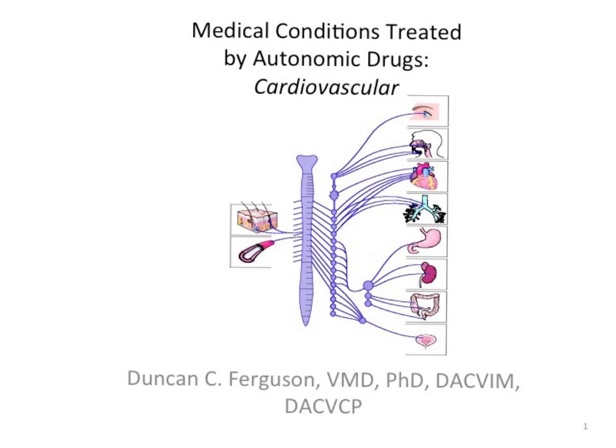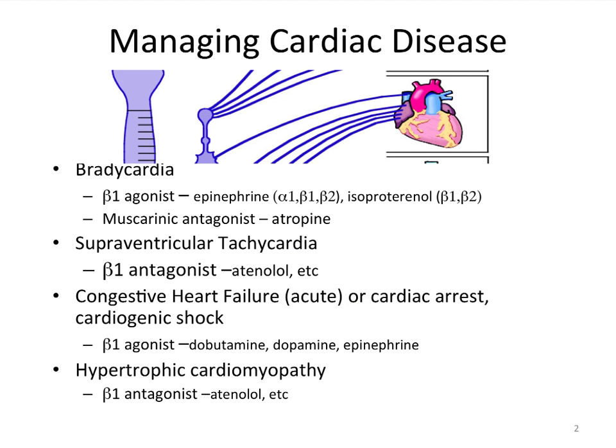In the second unit, we'll be talking about other conditions. Let's start with looking at cardiac disease. I'm listing on the left the conditions and the types of drugs. Most of these we're going to tell you when they're an agonist or an antagonist.